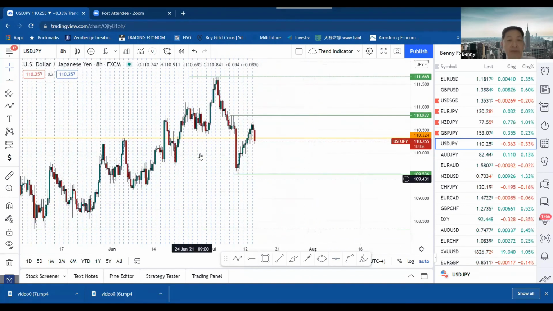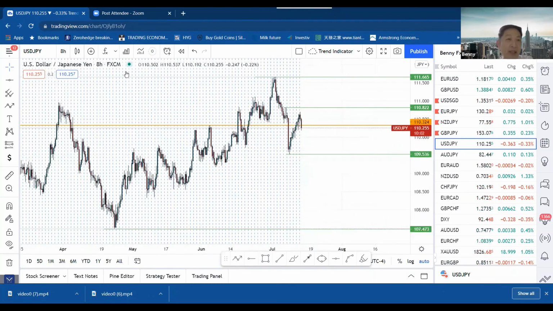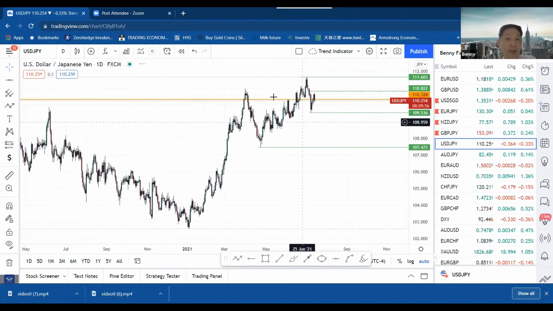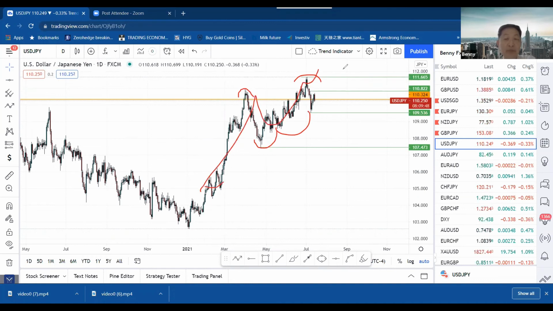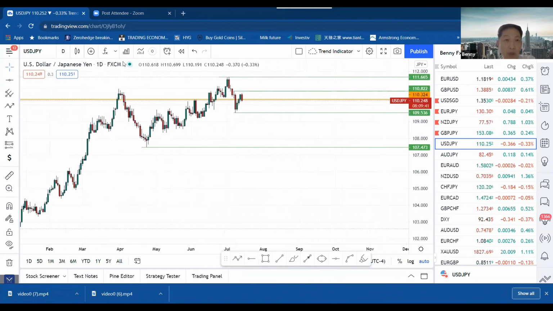Okay, let's take a look here. So in a higher time frame, this is 8 hours. If we go to the 1 day, we are clearly in an uptrend. See the higher high, higher low, higher low. So we are clearly in an uptrend if you're trading on a bigger time frame. Now we go down to the lower time frame, like 1 hour.